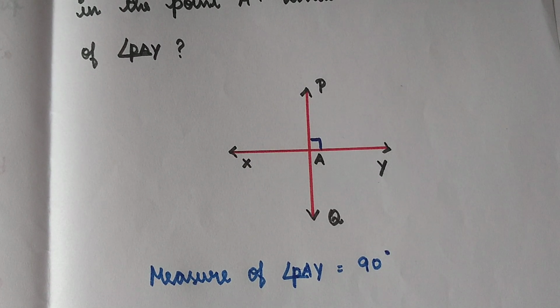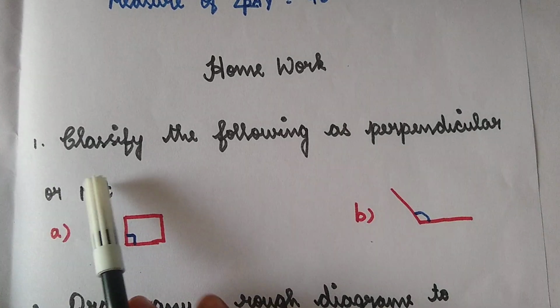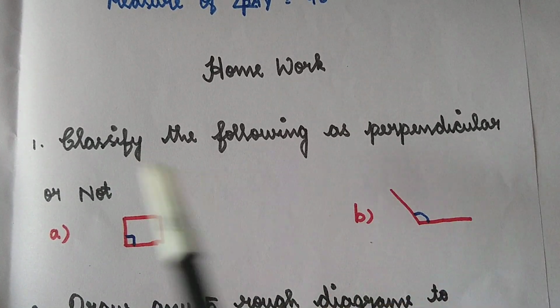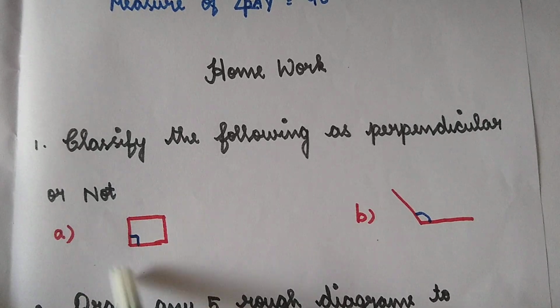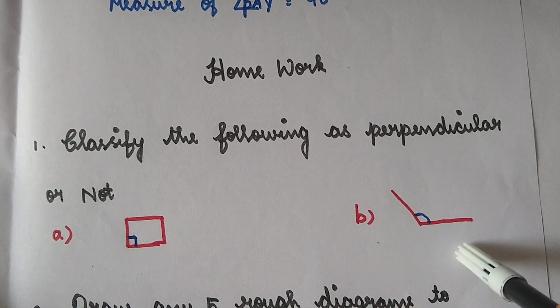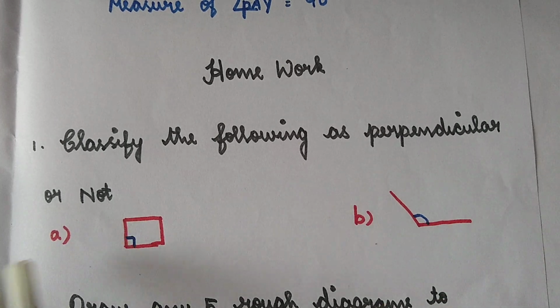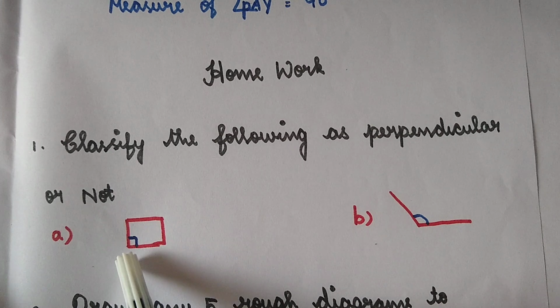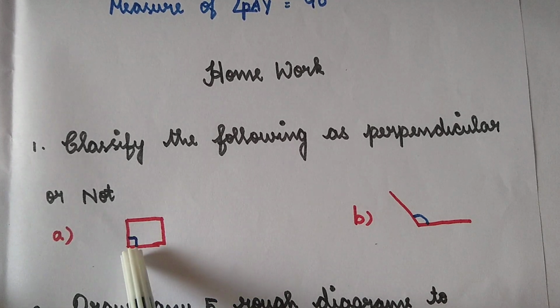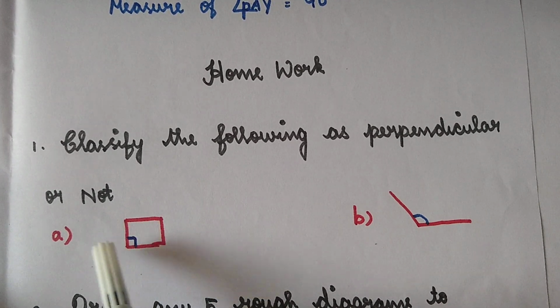Next, let's see the homework problem. Classify the following as perpendicular or not. So you have to check whether the given diagrams or given angles are perpendicular or not. In the A subdivision you have to find the adjacent sides of the figure.